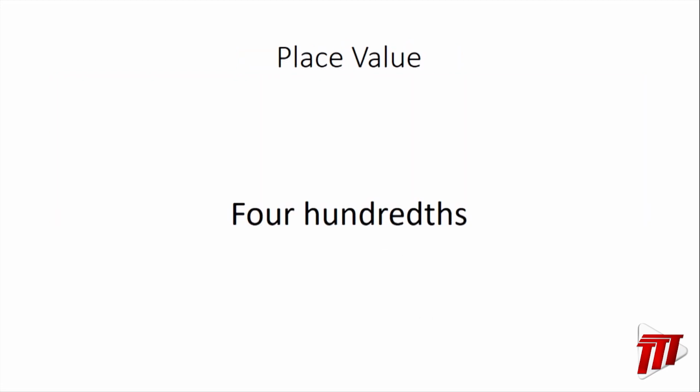Another example, 4/100. Once again, this is a value that is less than 1 whole. In fact, to represent hundredths, you would recall that our whole has to be divided into 100 equal parts.